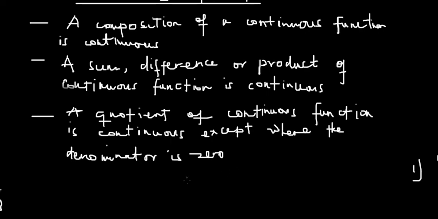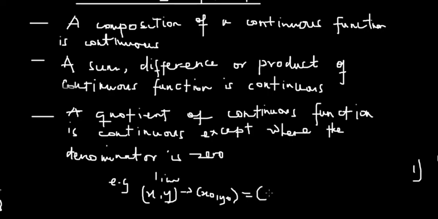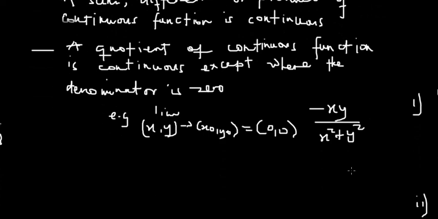Let's say we have the limit of x, y as x naught, y naught goes to 0, 0, and we are given the expression xy over x squared plus y squared. I've decided to use the same example so that you get to easily understand.